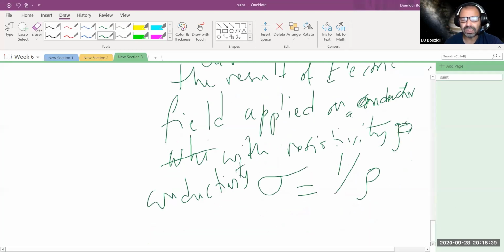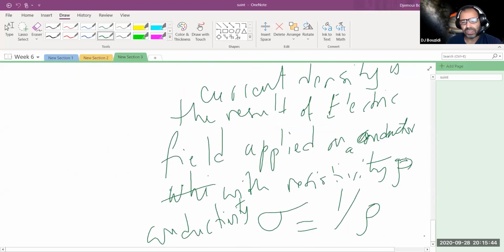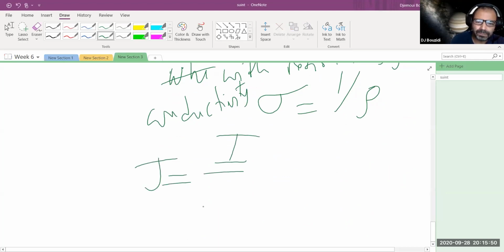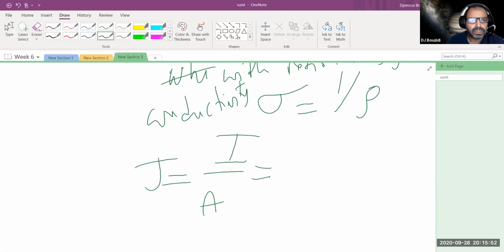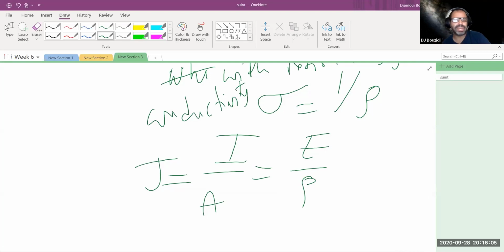That's what we're going to be sticking with, because it's going to be more involved in the calculation. So we have found from this argument that the current density, which is, by the way, I over A, based on this law of Mr. Ohm, is just the electric field over rho. In other words, from this expression, I already can find what the current is.